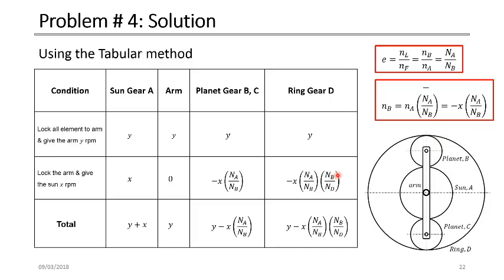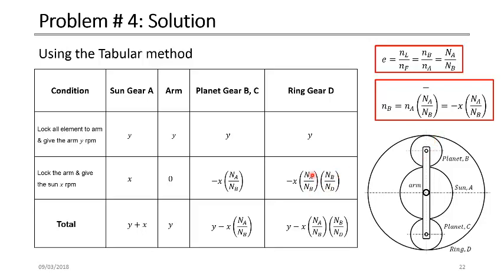The speed of the last gear, D in this case, is equal to the speed of the first gear, NB, multiplied by the E value between the planet gear B and the ring gear D. That speed of NB is negative X multiplied by NA divided by NB. The E value is the number of teeth on the driver, the planet gear, NB, divided by the number of teeth on the driven, ND.